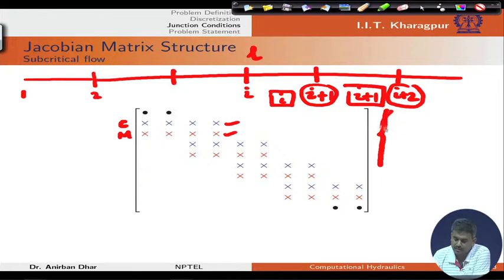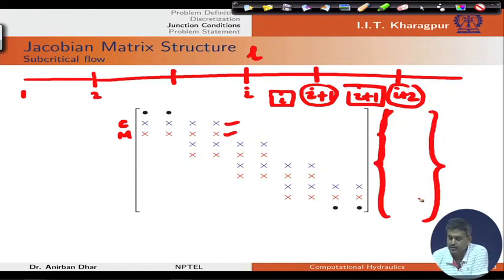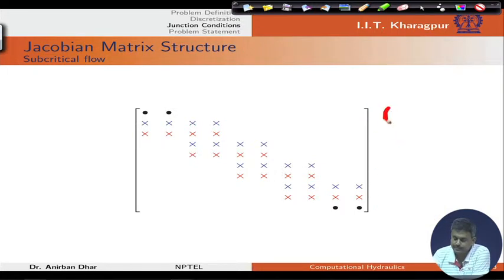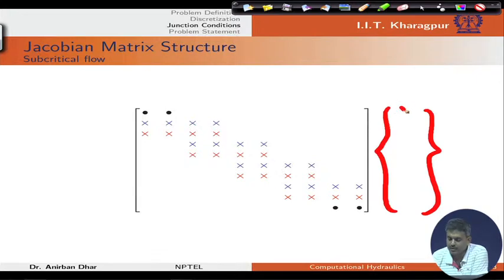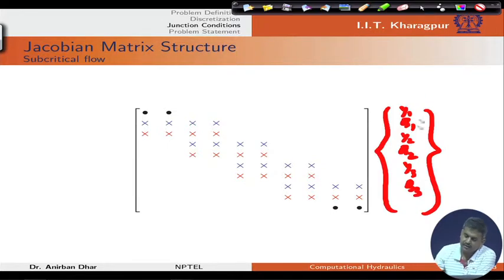In general, we will write this variable as y1, q1, y2, q2, y3, q3. Like that, we will consider our variables.